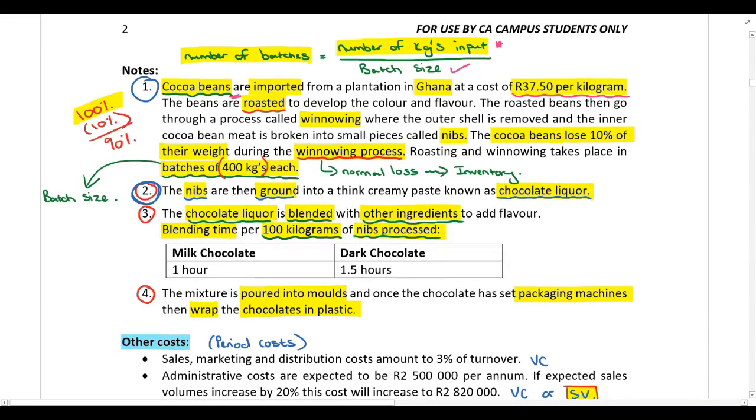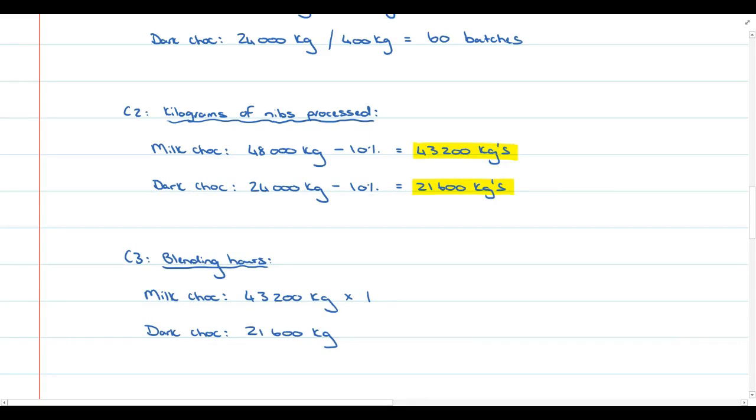All right, so it takes 1 hour to blend 100 kilograms for milk chocolate. So multiplied by 1 hour. Just be careful, it's not 1 hour per kilogram, it's 1 hour for 100 kilograms. So you just need to divide that by 100 kilograms, which gives us 432 hours.